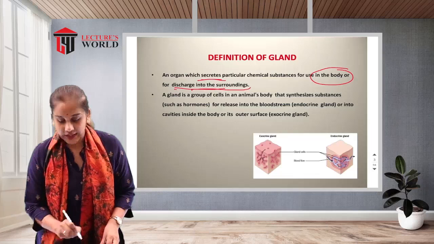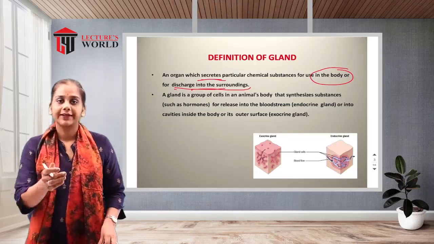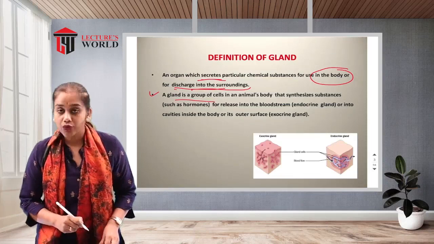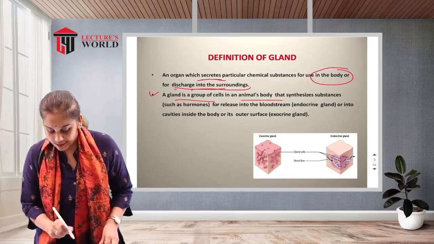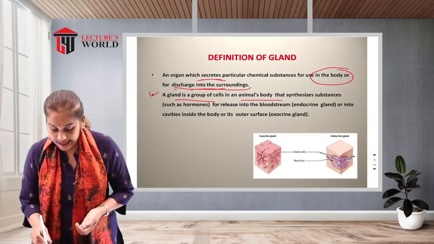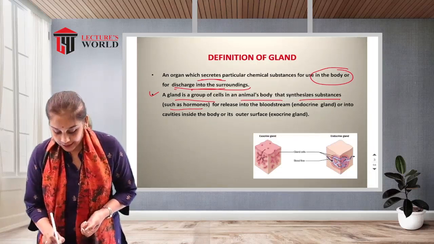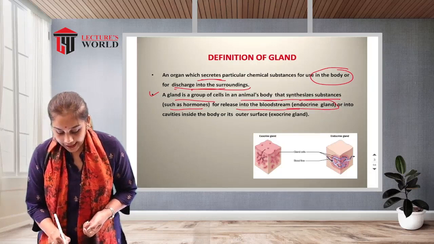A gland is a group of cells in the animal's body that synthesize substances such as hormones for release into the bloodstream. That is known as an endocrine gland.